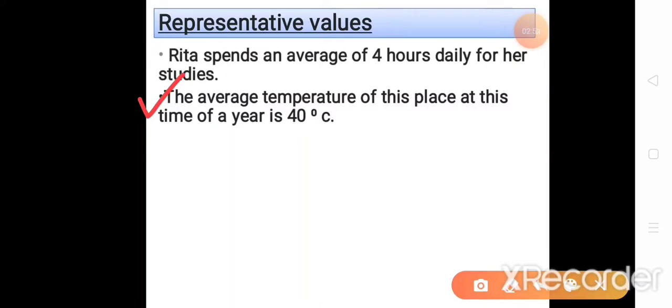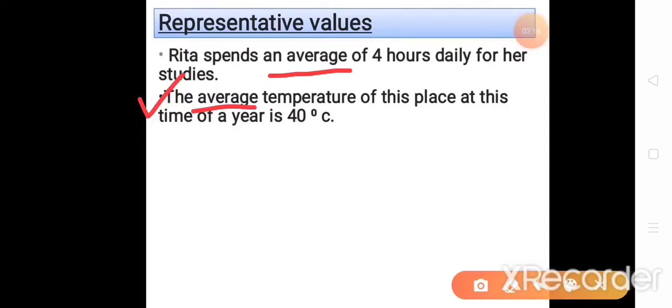Now in both of these two statements, the thing that is common is the word average, right? An average is something that gives us the overall idea of the range of the data we are collecting of our particular field of interest.